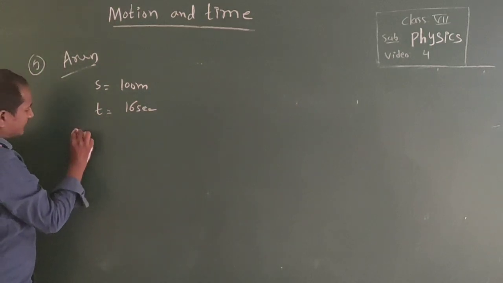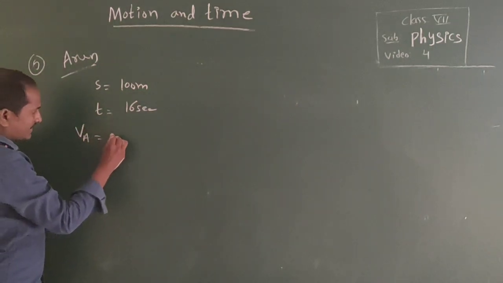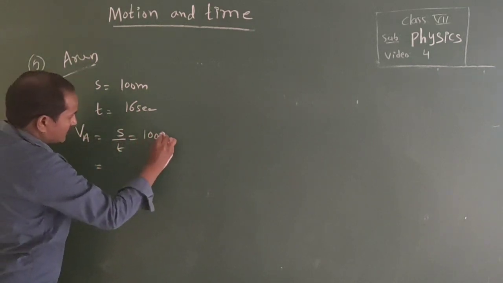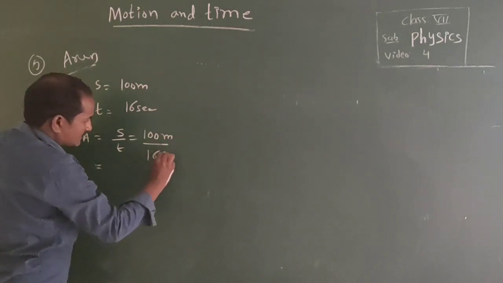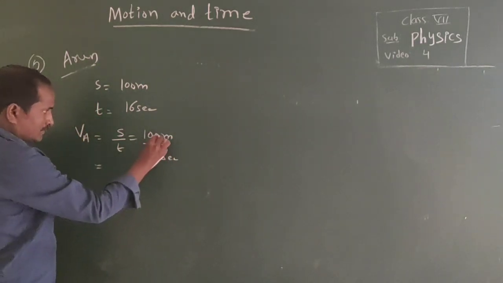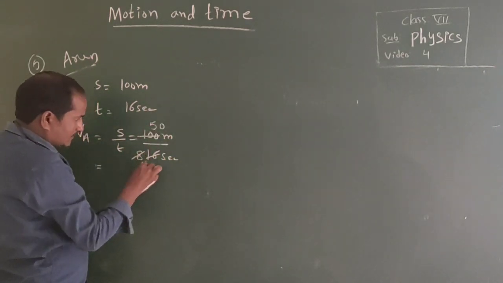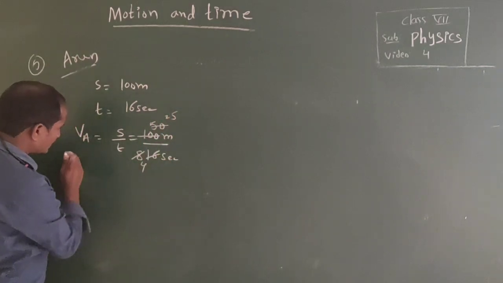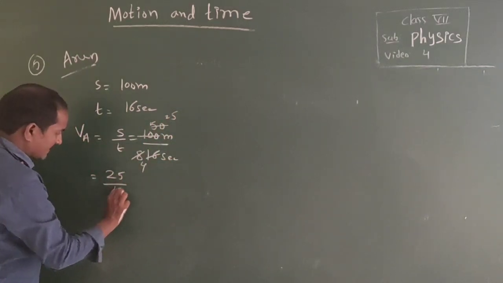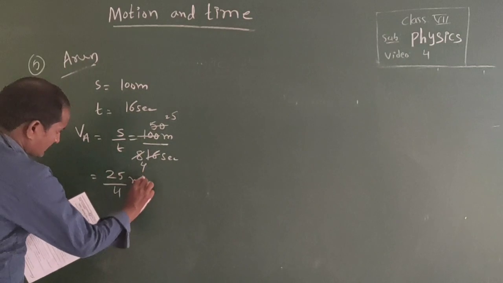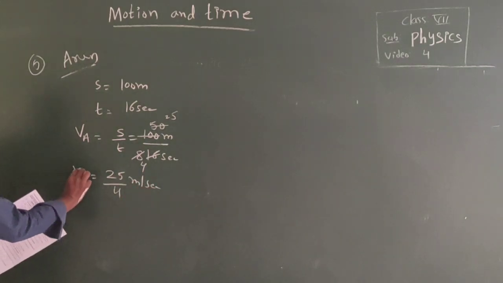Speed of Arun, VA, equal to S by T, that is 100 meters by 16 seconds, which is 25 by 4 meter per second.